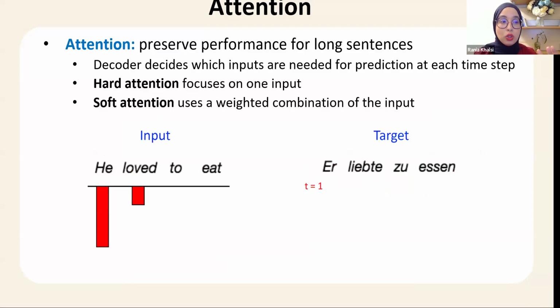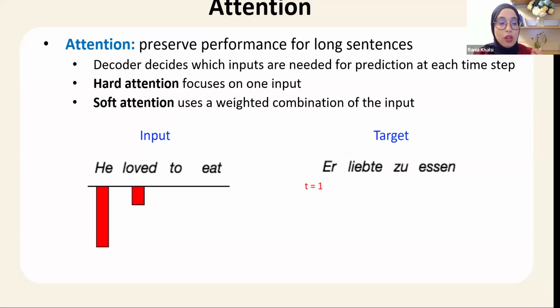As a solution, we can use the second option, which is soft attention. How does it work? Soft attention computes a weighted combination of input tokens, which means that at each time step the model assigns different levels of importance to the words in the sentence.